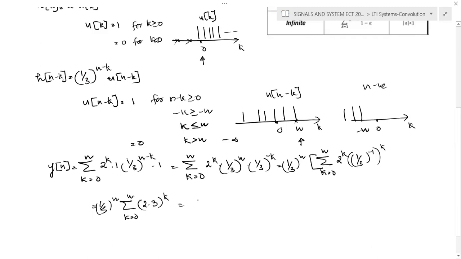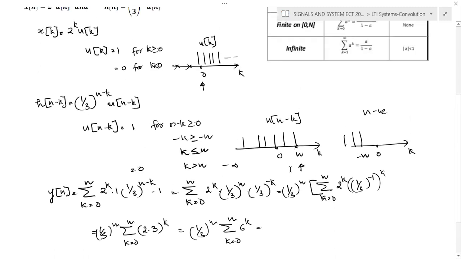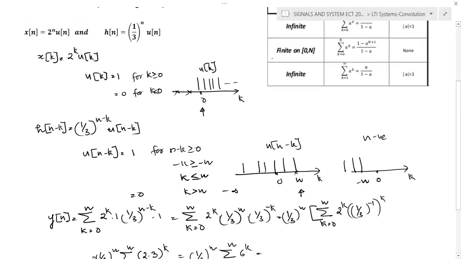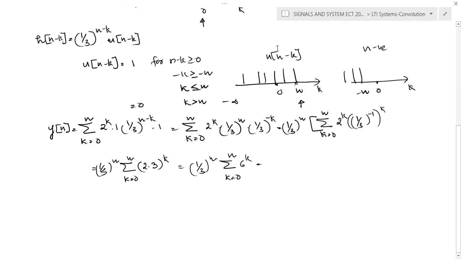So it becomes 1 by 3 all raised to n, sigma k equals 0 to n of 6 raised to k. If you substitute the formula for a finite geometric sum, you will get 1 by 3 the whole raised to n into 1 minus 6 raised to n plus 1 by 1 minus 6.